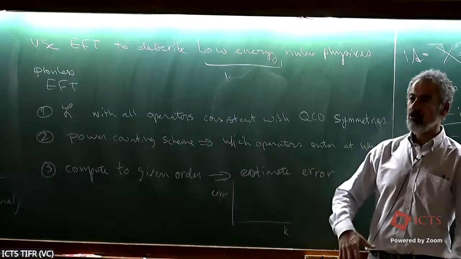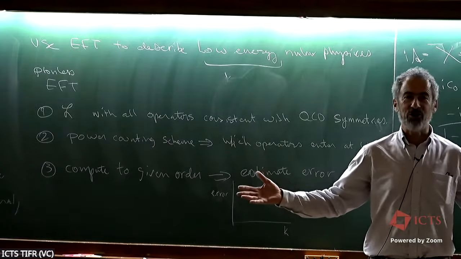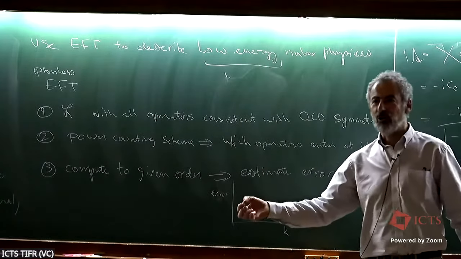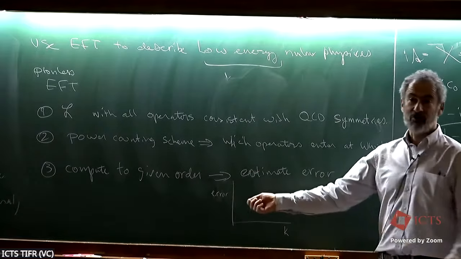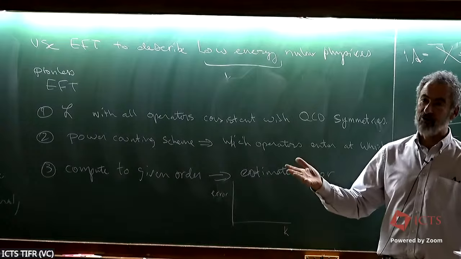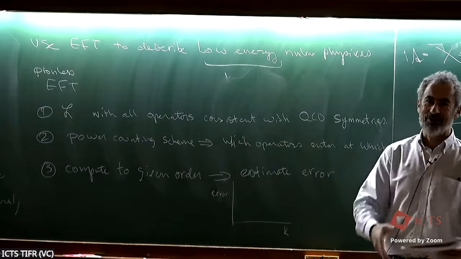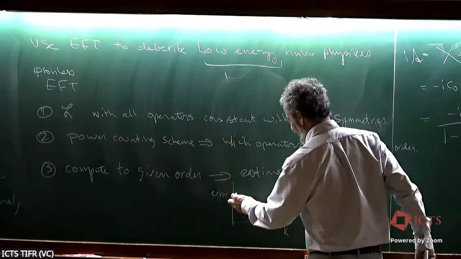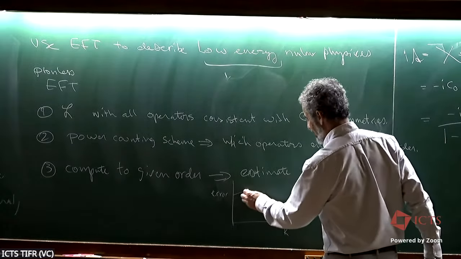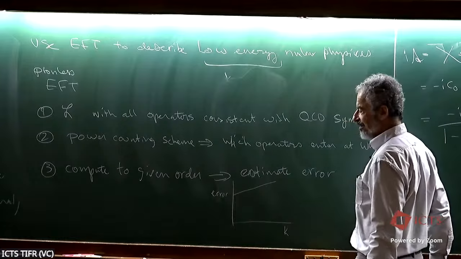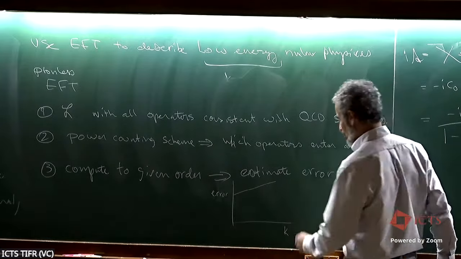So for example, you know the true scattering phase shift as a function of k, and your lowest order fit the scattering length. So your phase shift is going to be off in the effective theory because all you got right was the scattering length. You didn't get the rest of it. So you'll have some error on a log-log plot. If you really do have a power law error, then you'll get something like that. Goes up on a log-log plot.